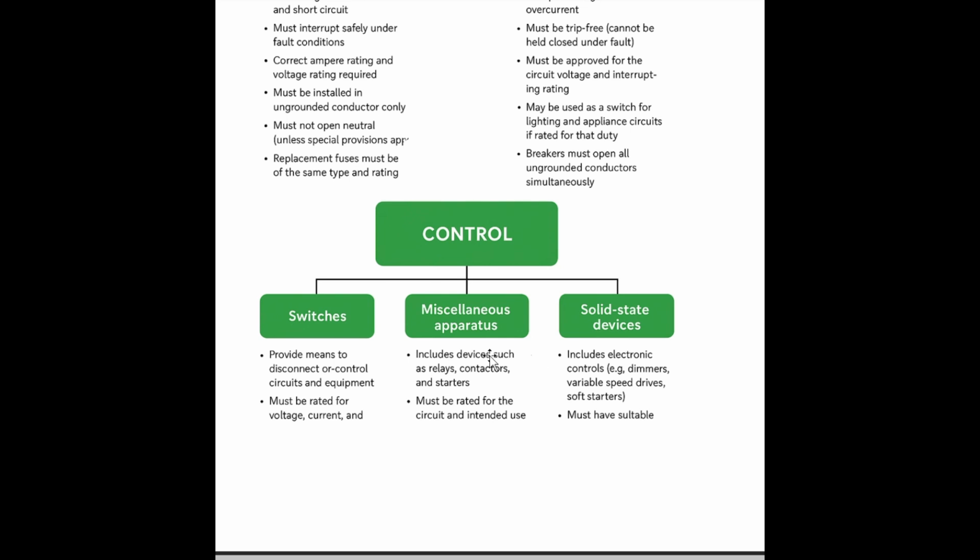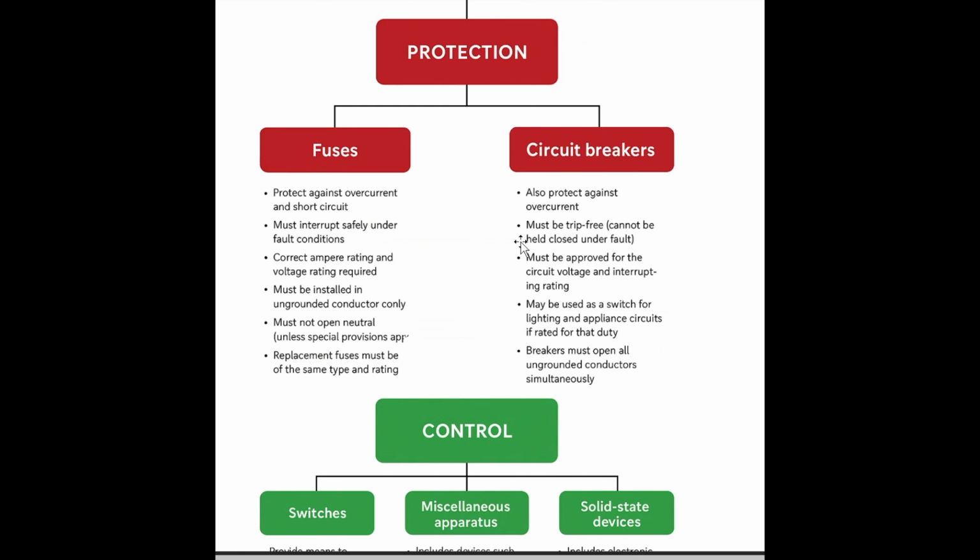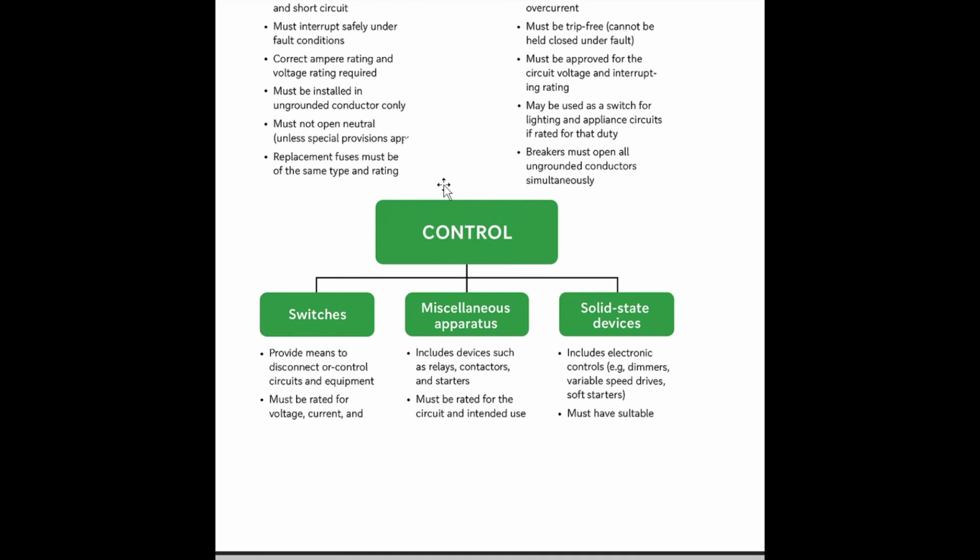But basically, protection means we're keeping you safe from faults, and control means we're able to direct how electricity flows, starting, stopping, and isolating circuits safely when we need to isolate them.